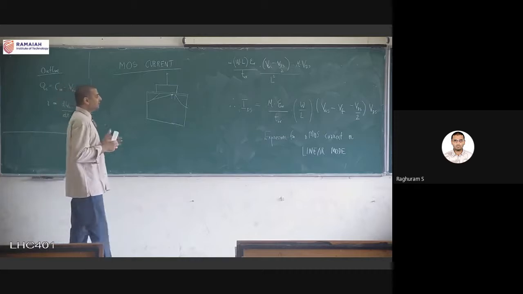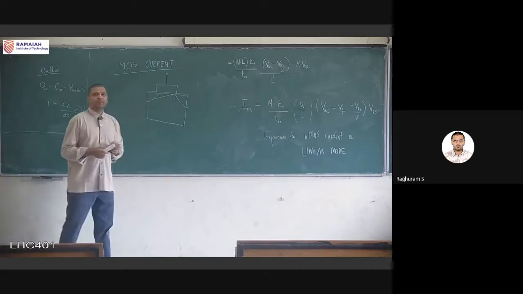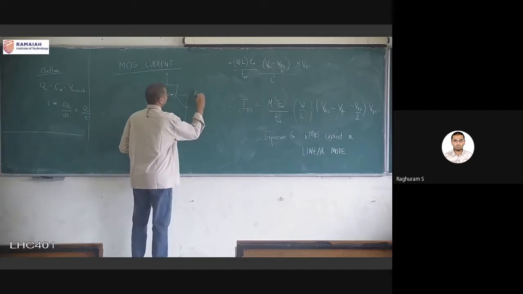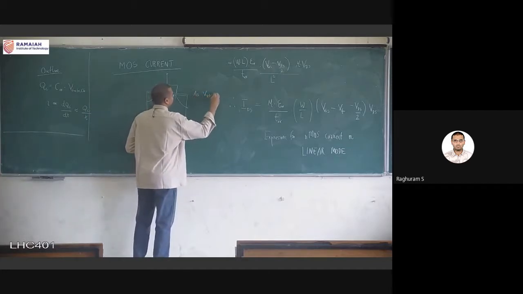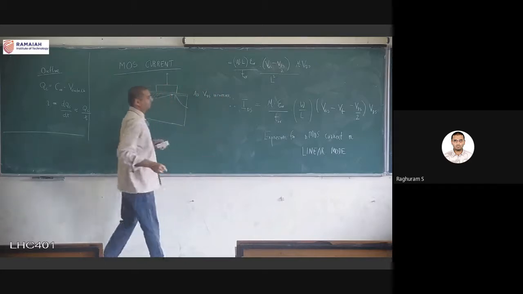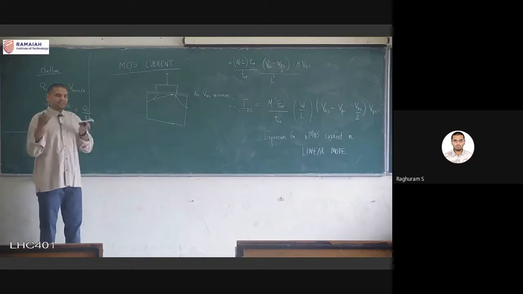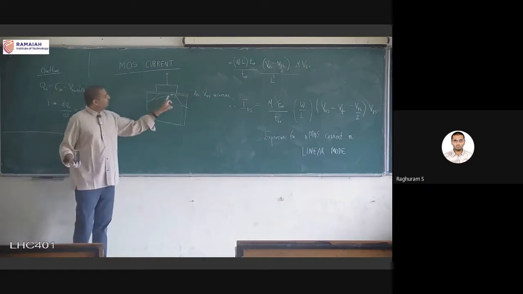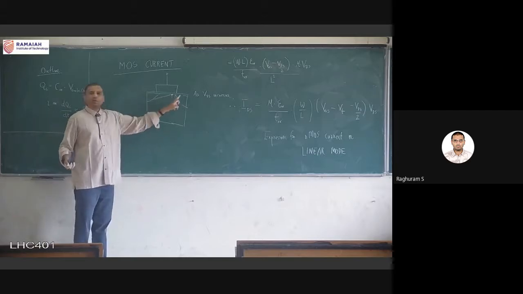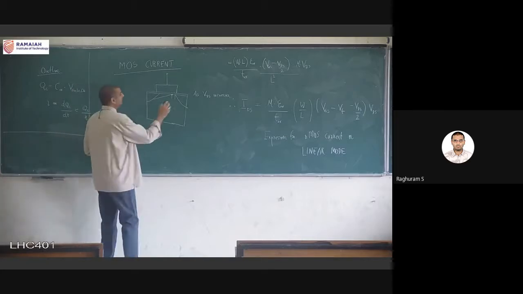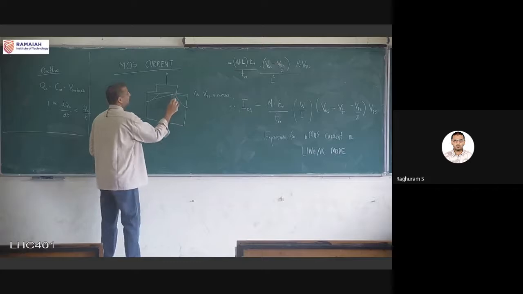And as we keep increasing the VDS, because now we are moving from linear into saturation region, VDS is responsible for the horizontal electric field. All the excess VDS appears in the pinch off region.